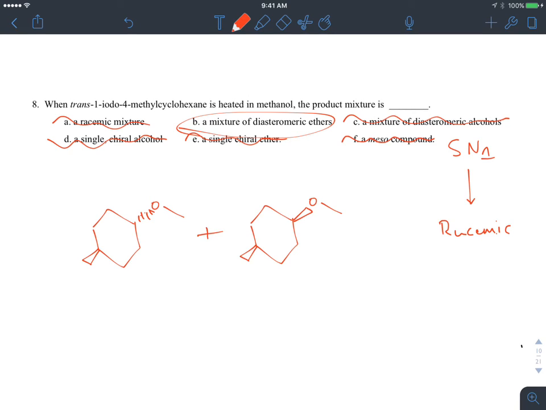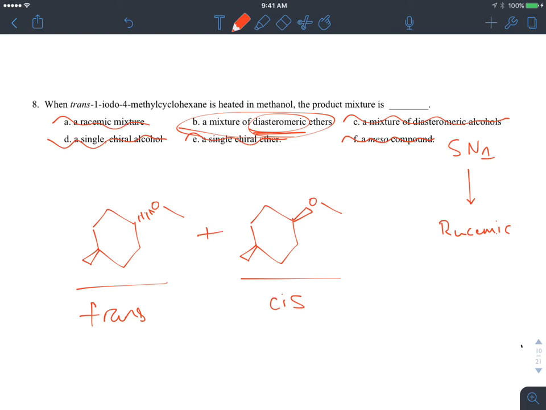Ultimately from this reaction, we're getting two compounds, one where we have the ether going away from you, and the other where we have the ether going towards you. And that's why we get a mixture of diastereomeric ethers, because this would be a trans and this is cis. And trans and cis are diastereomers, and so that's why the answer has a mixture of the diastereomeric ethers.